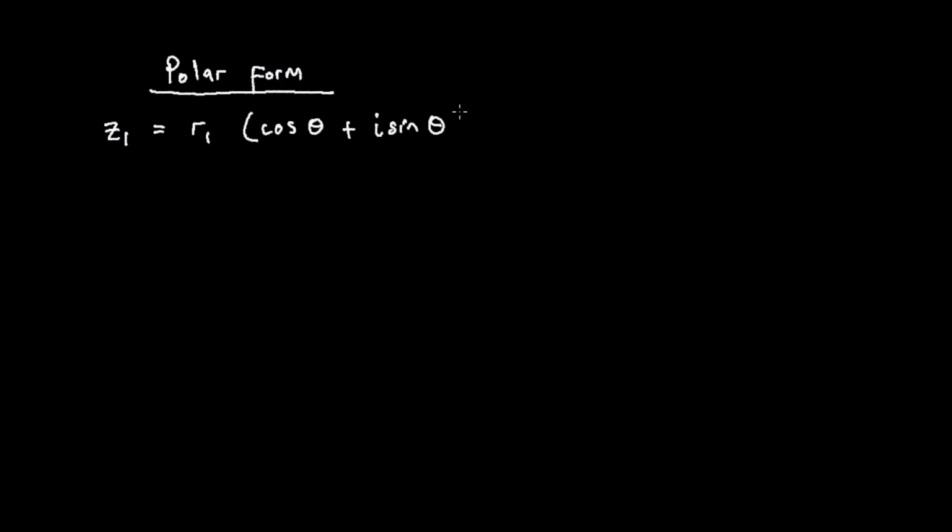So when we are in polar form, what is going to be happening? Polar form is written like this. z1, which is the first complex number, is equal to r1 (cos theta plus i sine theta).